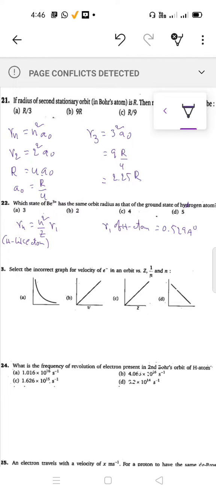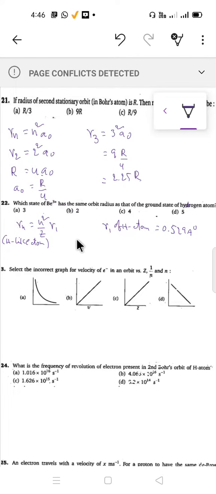This is the value known as the ground state of the hydrogen atom, R1. So R1 is 0.529 angstrom units. Then what they ask is, which state of beryllium 3 plus has the same orbit radius as that of the ground state of the hydrogen atom? On which state is it equal to that radius?